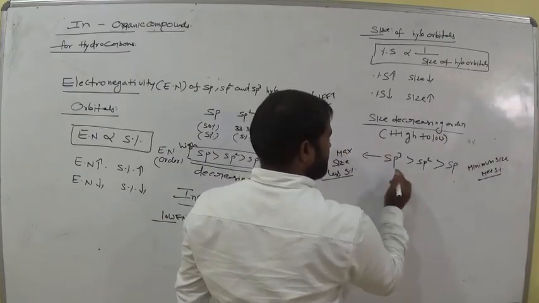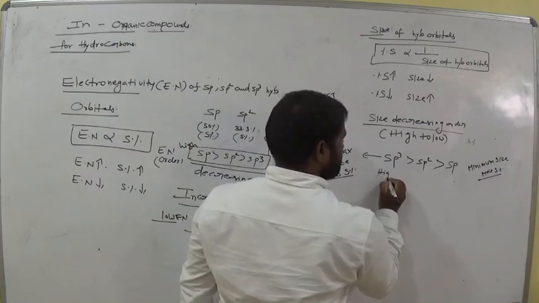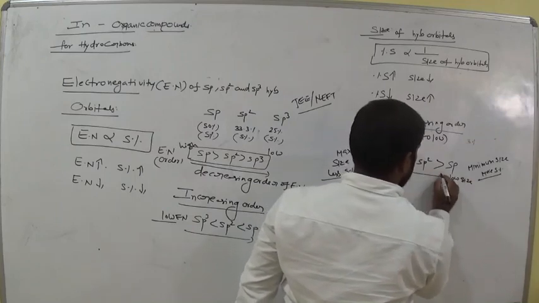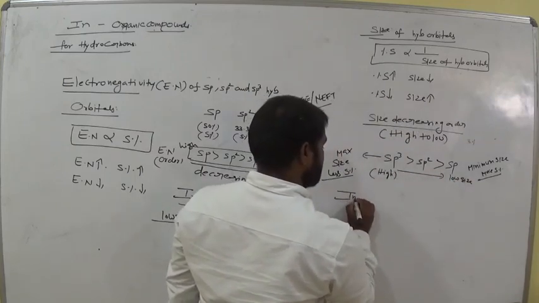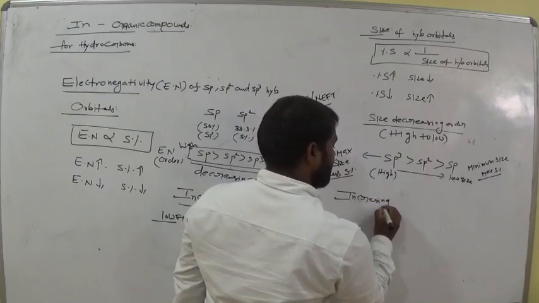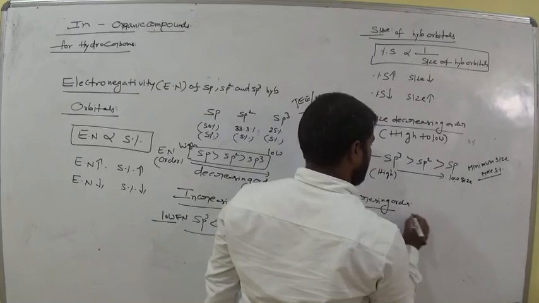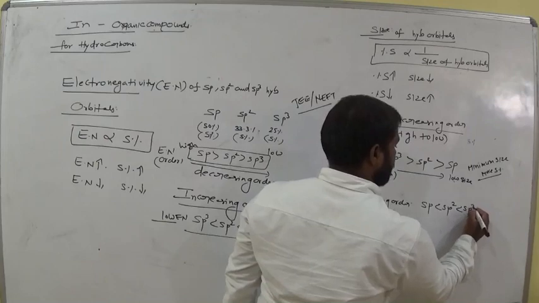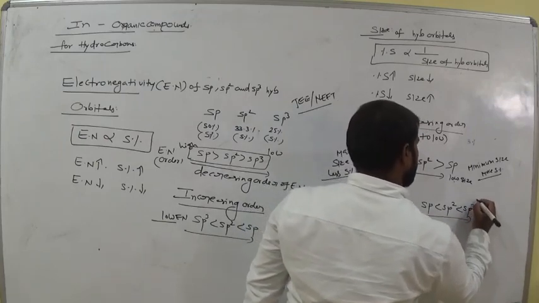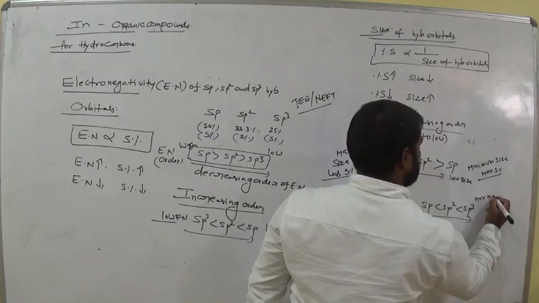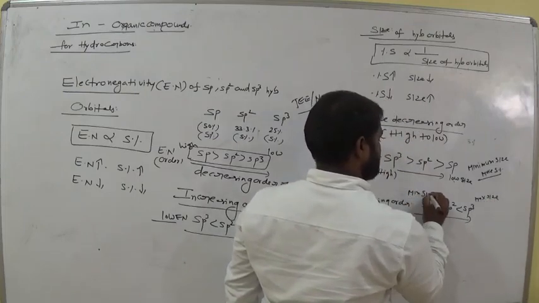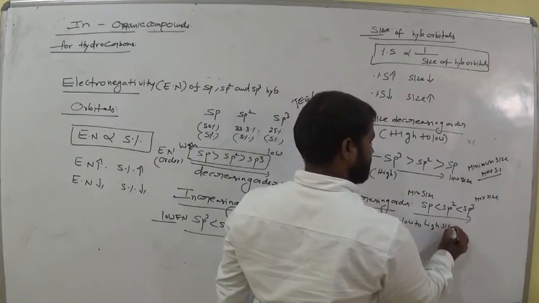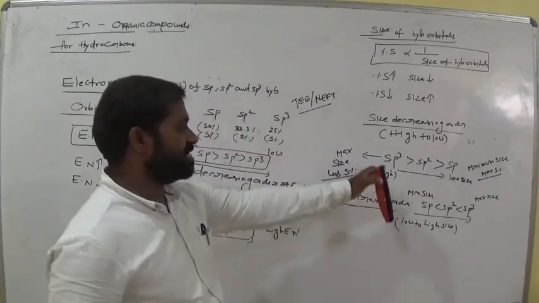Okay, this is decreasing order, high size to low size. Increasing order of size means low to high: sp less than sp2 less than sp3. Same but reverse. This is high. Okay, is it clear?